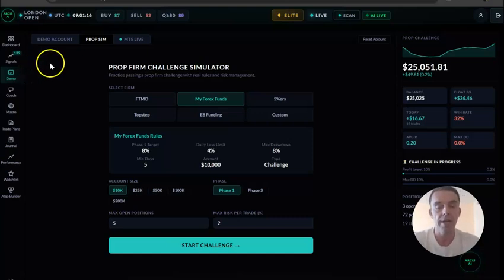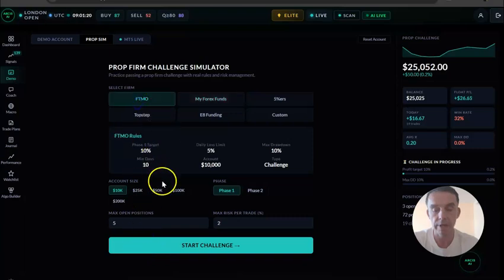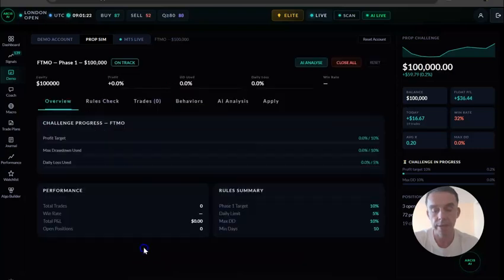If you do pass the challenge, let's just say we start an FTMO 100K, go like this. At the end of every challenge, you hit AI analyze, and it will analyze your performance and see if you're ready to go on to a real prop firm account or not. So very, very cool feature.